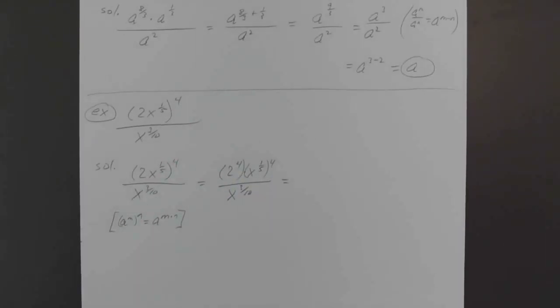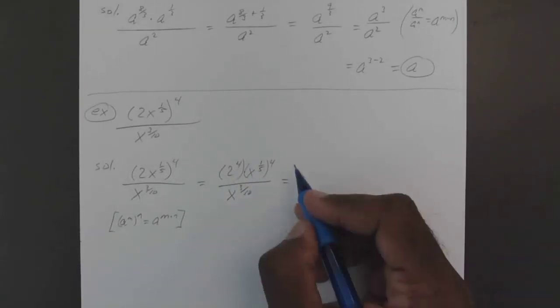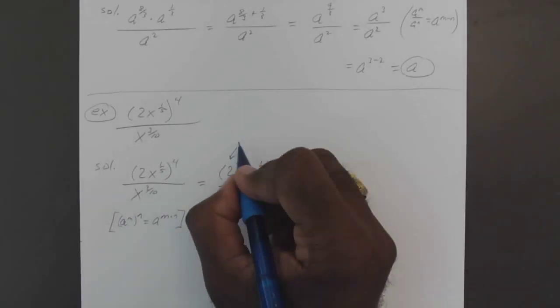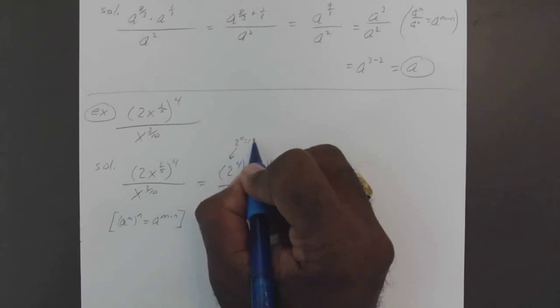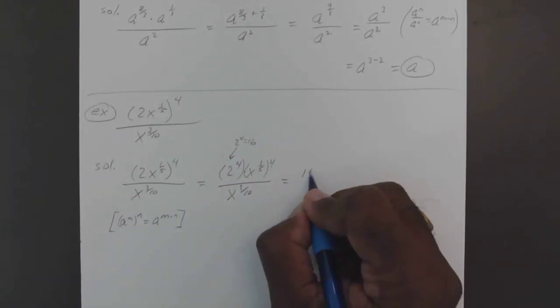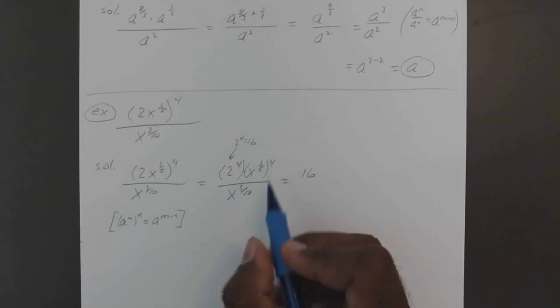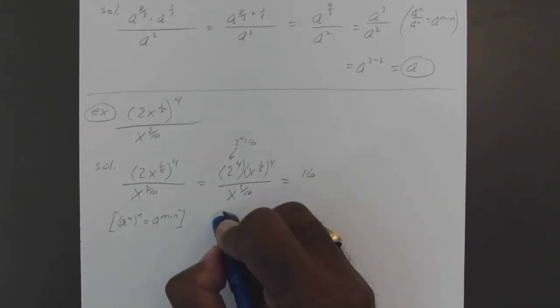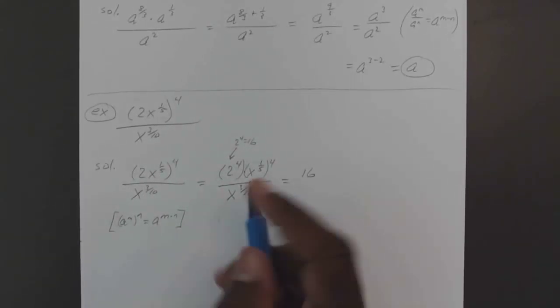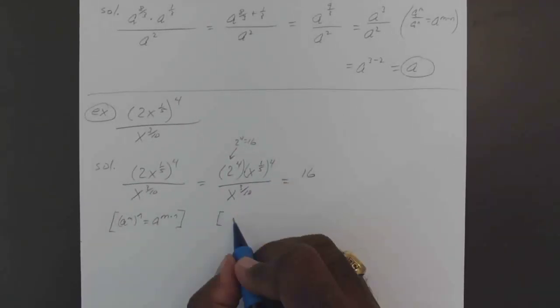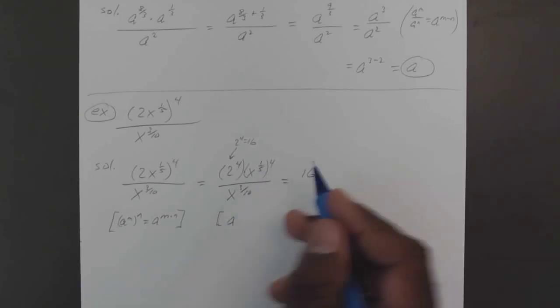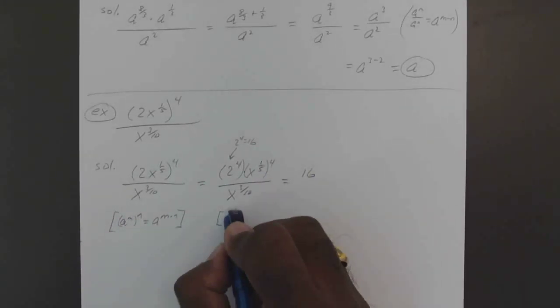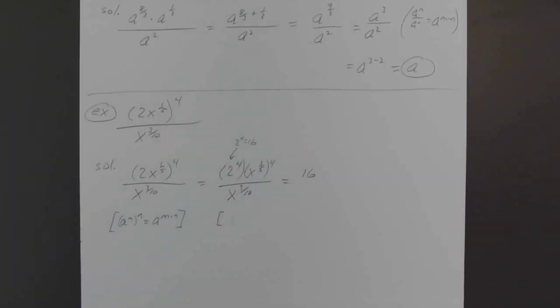This one, 2 times 2 is 4, 4 times 2 is 8, 8 times 2 is 16, so 2 to the 4th power is 16. And this, use a bracket instead of parentheses. Remember, actually using the same rule over again. Actually, it should have been over there.